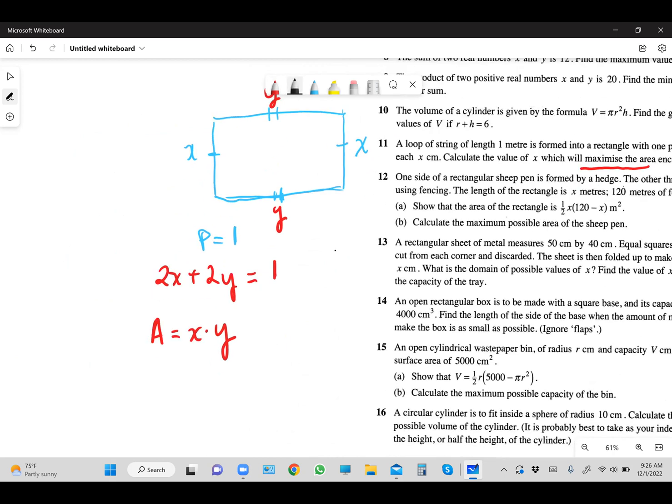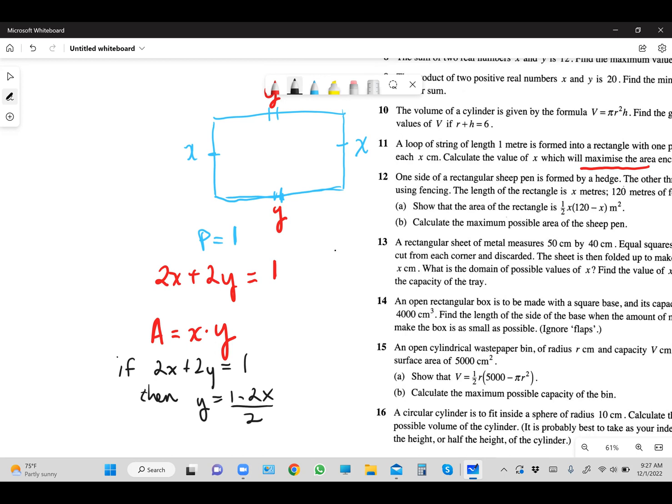We could say if 2x plus 2y equals 1, then y equals (1 minus 2x) divided by 2. See if that makes sense.